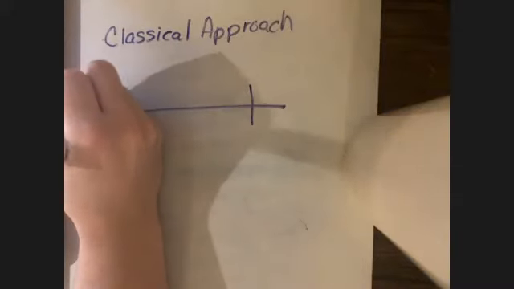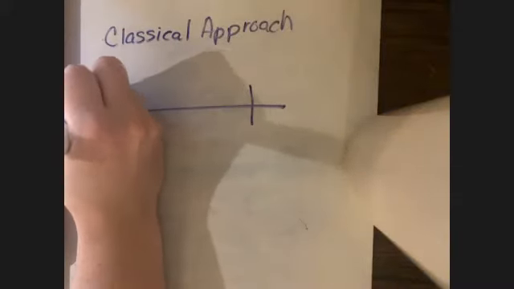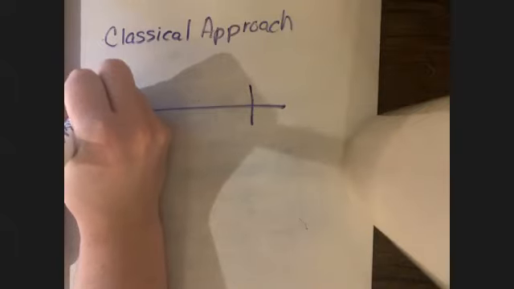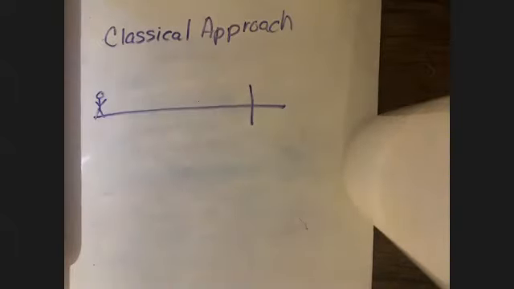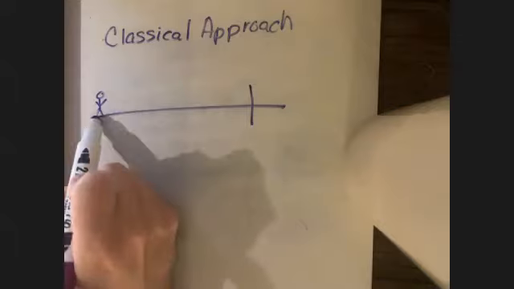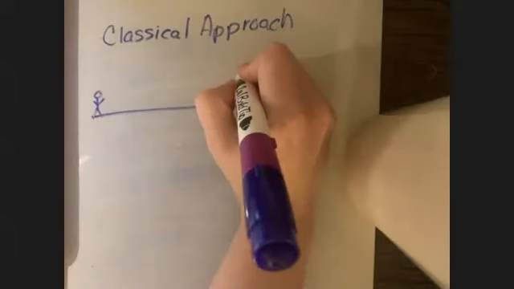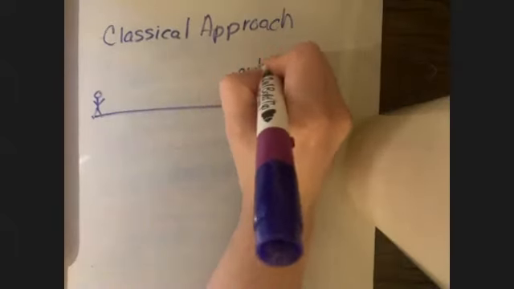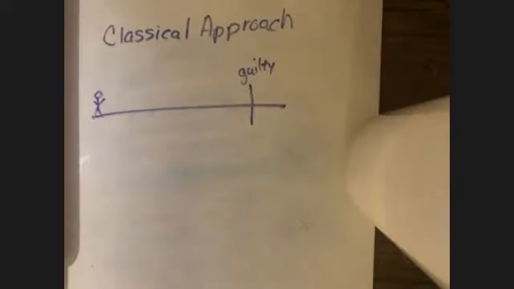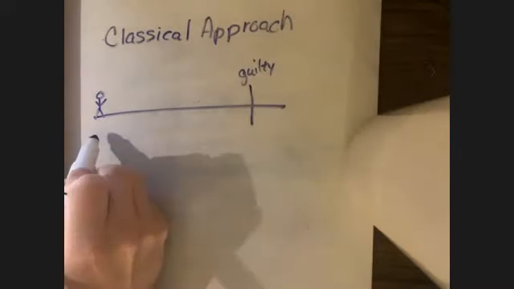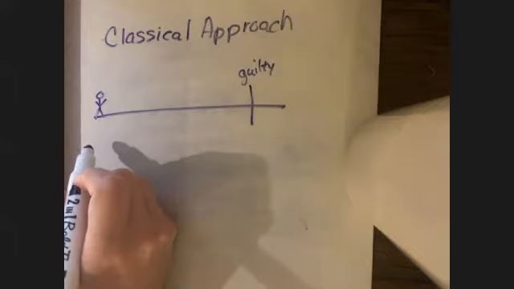Thinking back to that court of law, here is my little person that I'm putting on trial. Here is when I will find them guilty. Let's put somebody on trial for, I don't know, murder.